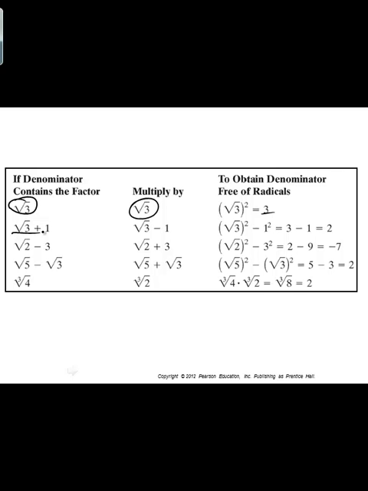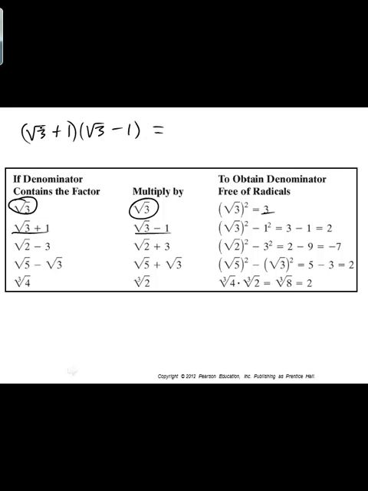If you have square root plus some number, then multiply by the conjugate, that square root minus that number. Because in this example, we have square root of 3 plus 1 times square root of 3 minus 1.